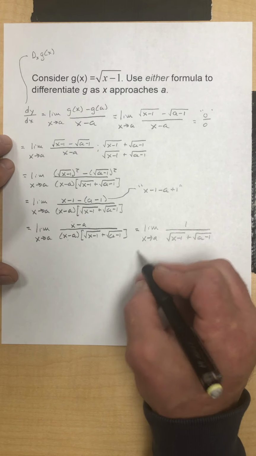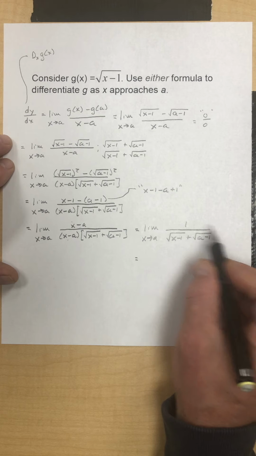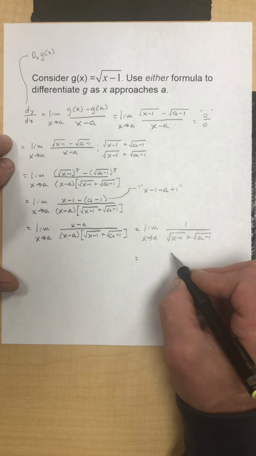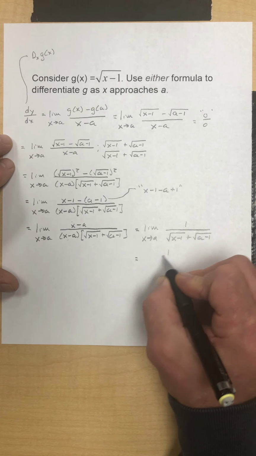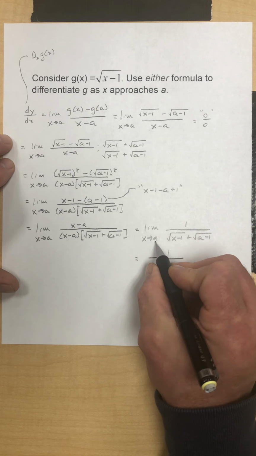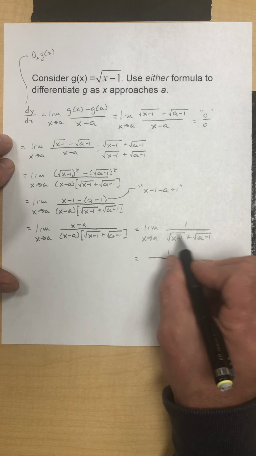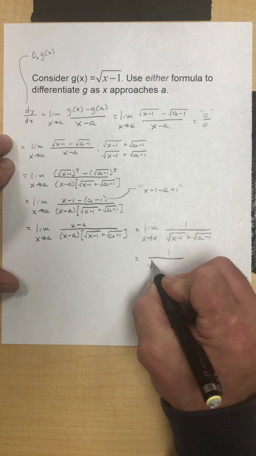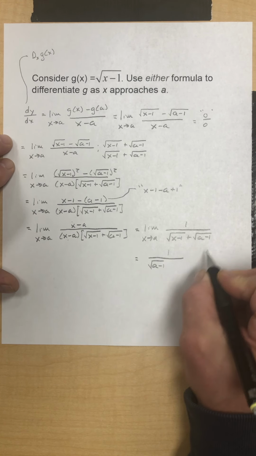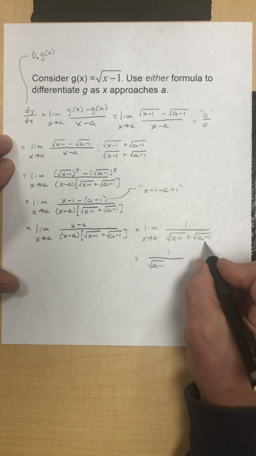So I get them to cancel off, and I say, couldn't I just evaluate now? Let's take a look at what happens. 1 over, well, as x approaches a, x becomes a. So this square root of x minus 1 becomes the square root of a minus 1. Obviously, as x approaches a, it doesn't affect this at all.